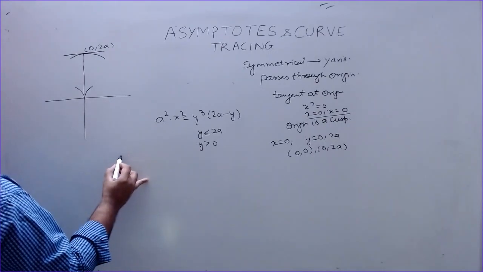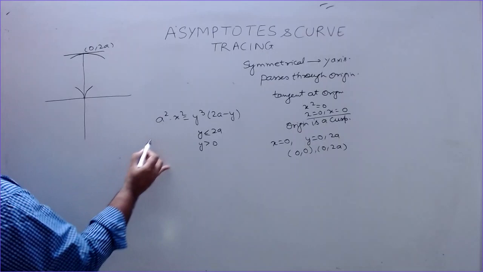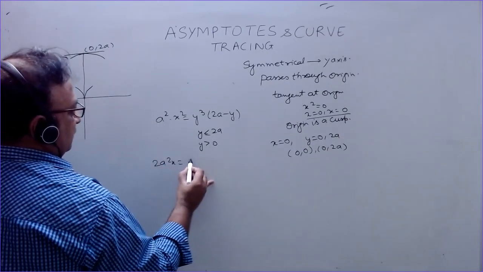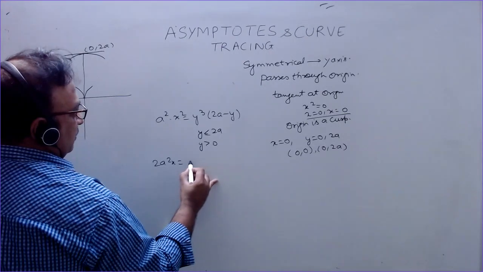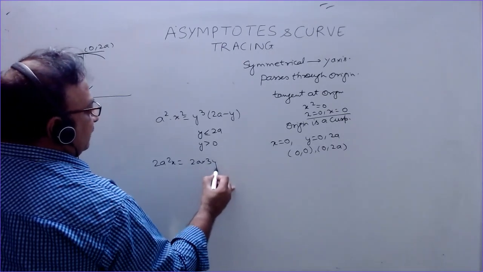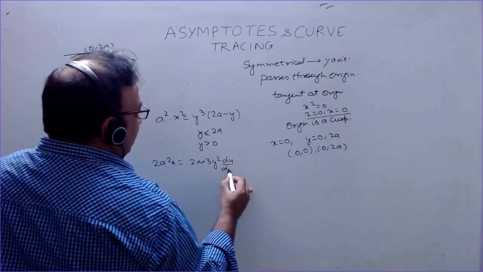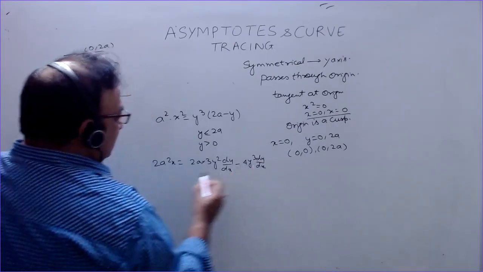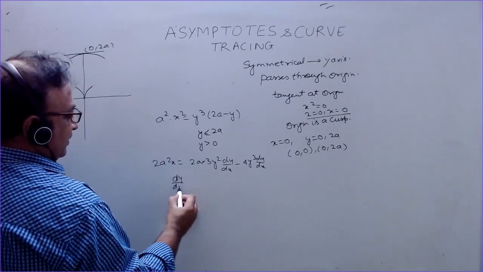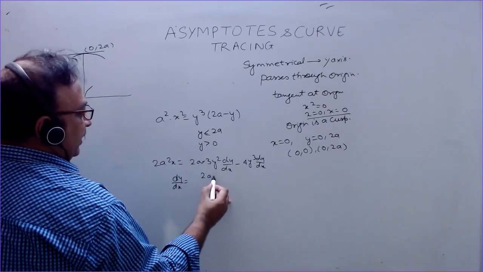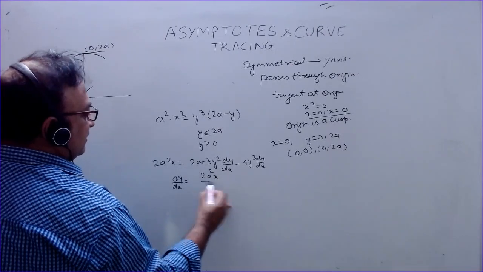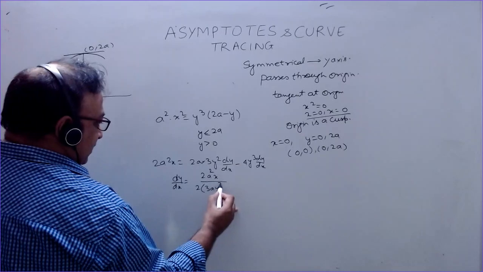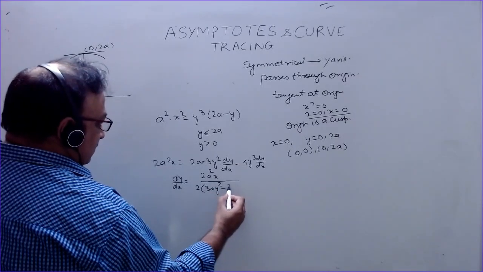Now if you find dy by dx, so differentiate the equation: 2a square x equal to 2a into 3y square dy by dx minus 4y cube dy by dx. So dy by dx is 2a square x upon 2 into (3a y square minus 2y cube).